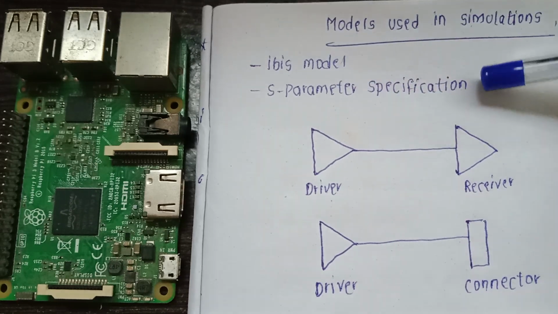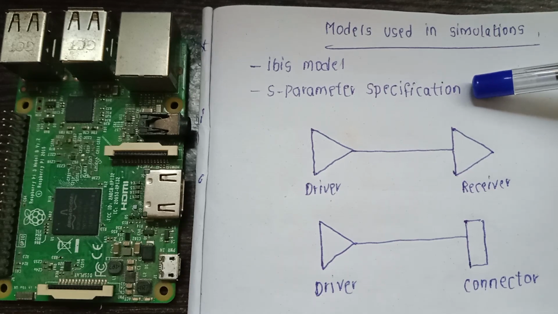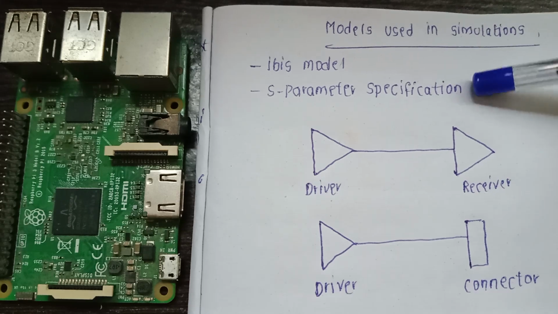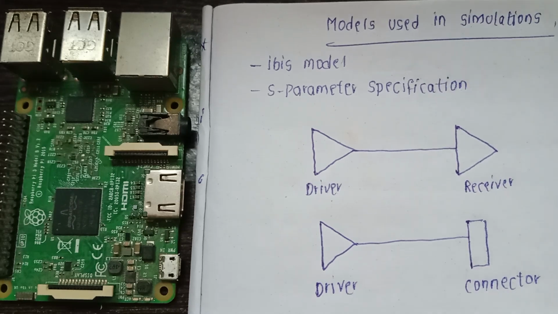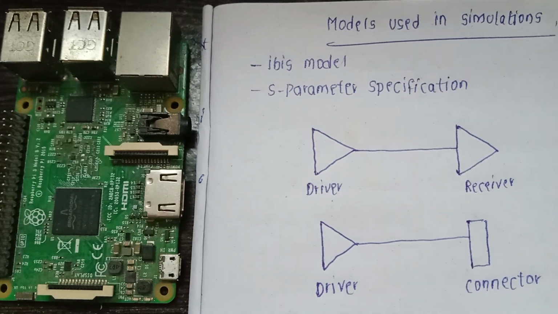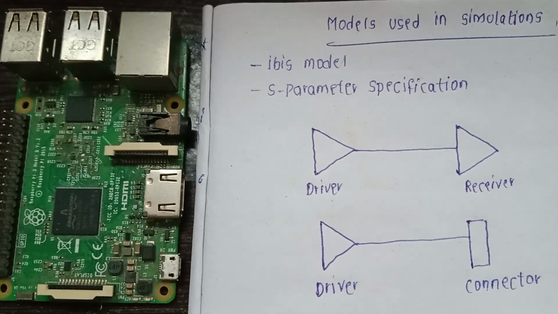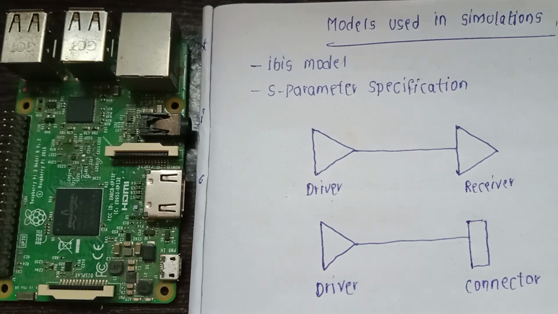Then we have another model, called the S-parameter specification. What is the difference between IBIS and S-parameter? S-parameter talks more about connector-type scenarios where we characterize the channel, and this is also a behavioral model where the entire connector characteristics are captured.